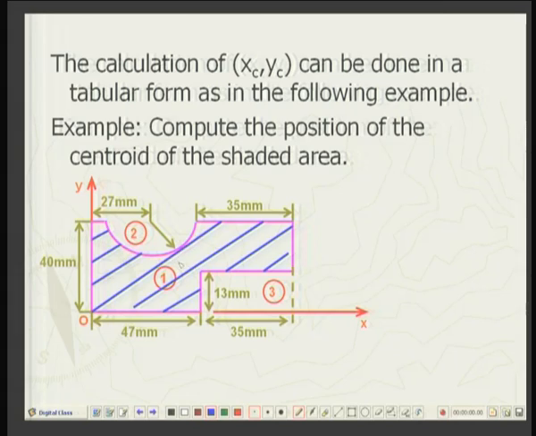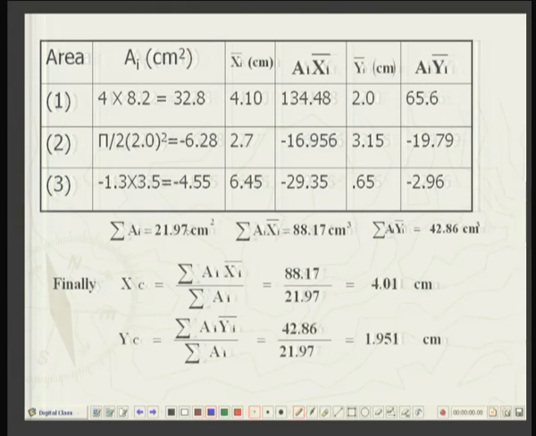So, it will be at this center. So, first area is, instead of millimeters we are calculating everything in centimeters, 4 into 8.2, which comes out to be 32.8 centimeter square, and the x coordinate of the centroid of figure number 1 is half of the length, that is 4.1, area into x coordinate you have here.